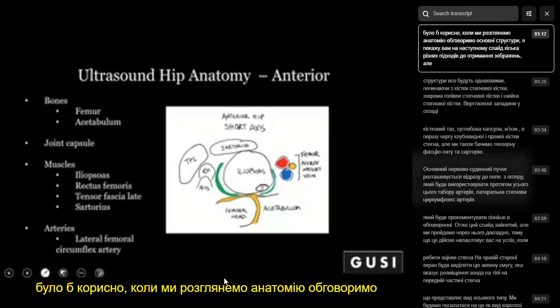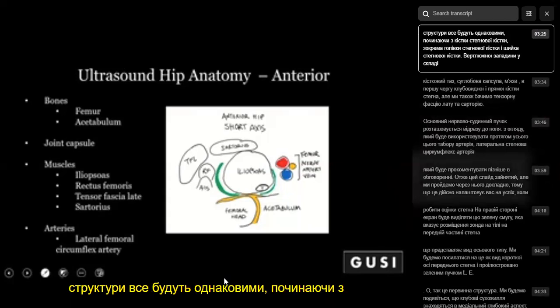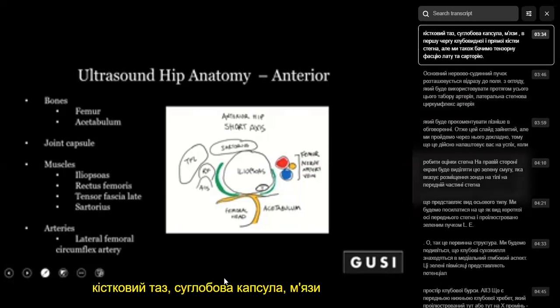When we review the anatomy, we'll discuss the major structures. I'll show you on the next slide several different approaches to obtaining images, but the structures will all be the same. Starting with the bones of the femur, specifically the femoral head and the femoral neck, the acetabulum as part of the bony pelvis, the joint capsule, the muscles, primarily the iliopsoas and rectus femoris, but we also see tensor fascia lata and sartorius.